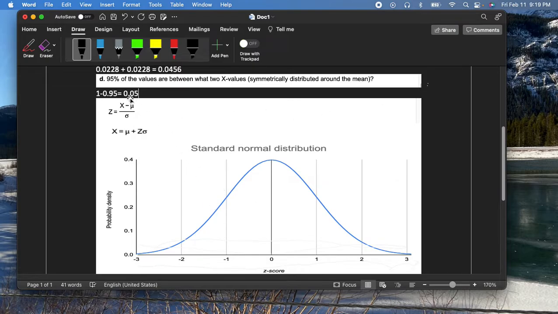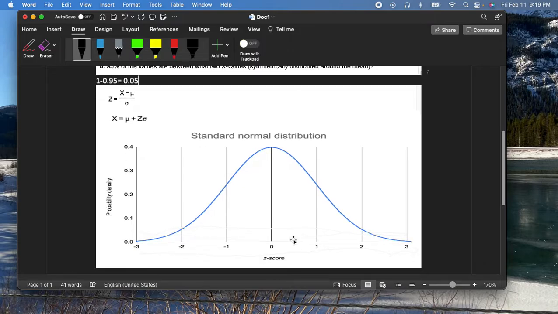So 95% of the values are between what two x values? First we subtract, since everything under the bell curve equals 1. So we subtract 0.95, and that gives us 0.05. Now, what we know about the standard normal distribution is that it's symmetrical, right?